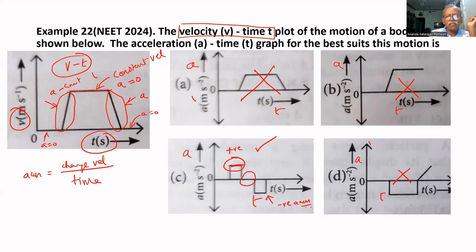Velocity going to 0 means retardation. Velocity decreasing means retardation. Retardation means negative, minus a. Here also it is coming as minus a, constant. Therefore, this is the correct picture. Therefore, answer is C.